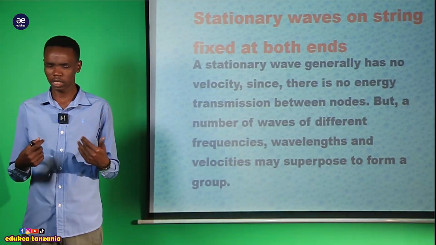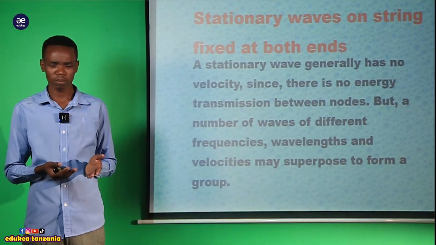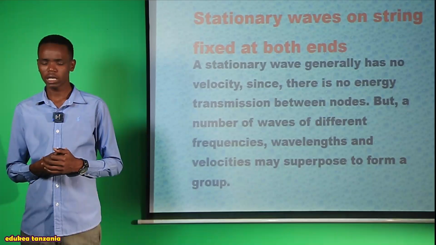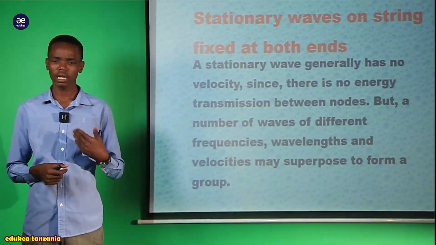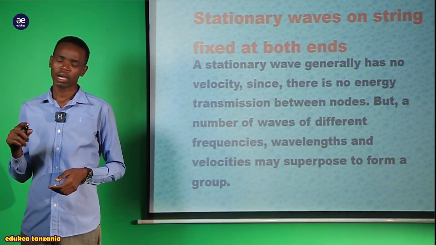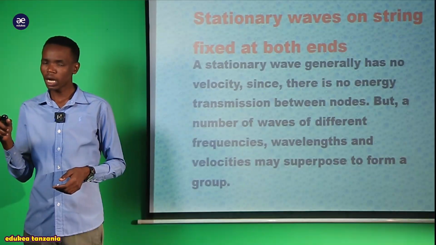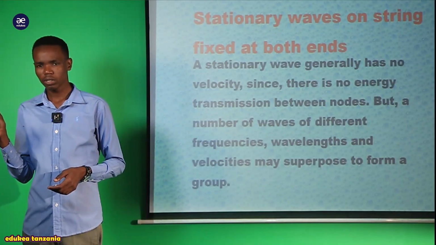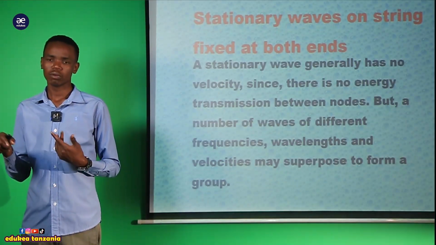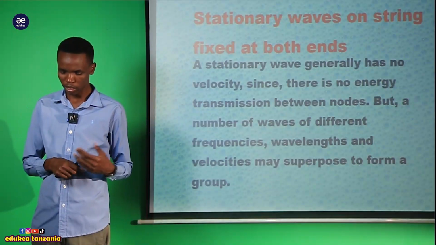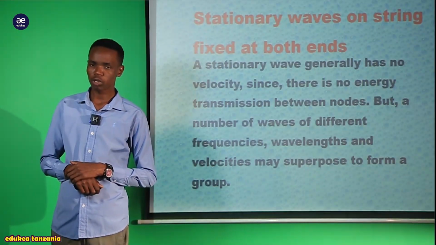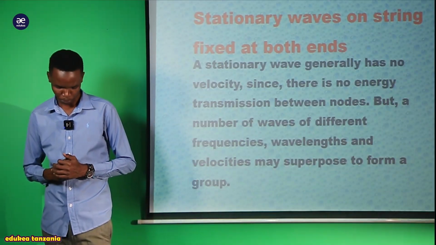Finally we obtained the displacement by taking 2a, two times the amplitude, times cos kx, then times sin wt. That is the formula that we demonstrated on the last session.